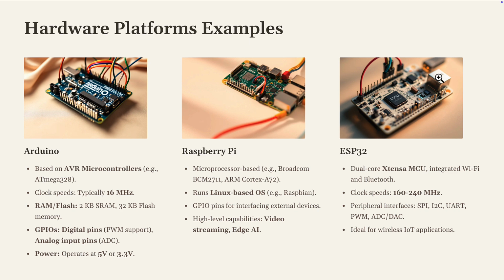It doesn't have very sophisticated capabilities like this one. You won't find memory or so on. It's just an intermediate device to send information back and forth. It also has serial interfaces like I2C, UART, PWM. We'll explain all the different things, but this is ideal for wireless IoT applications. So these are just a few examples of what an embedded device could be.